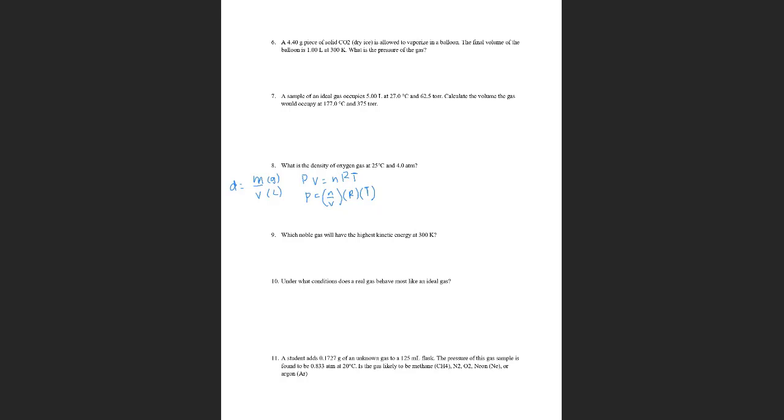Yeah, so the n over V portion gives you moles divided by liters, and that's super close to the density unit, which is grams over liters. So let's go ahead and solve for that part. So what's our pressure in this problem? Yeah, we have 4 atm equals, and then we're solving for the moles over volume.